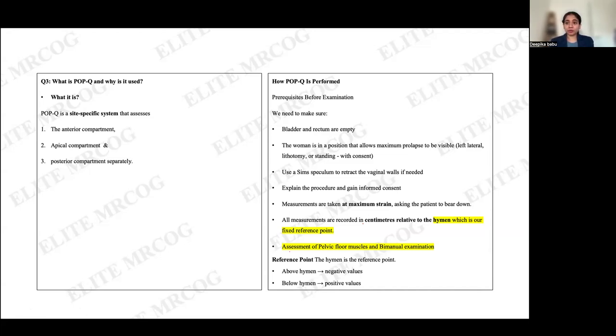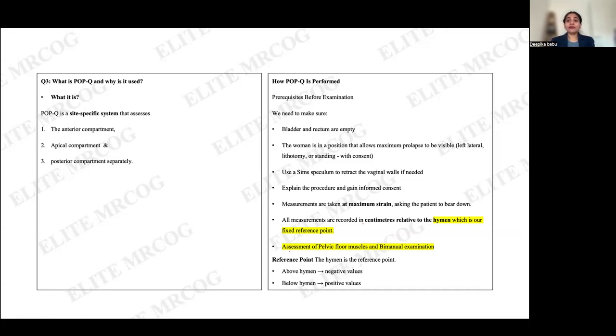So all of the measurements will be taken with maximum strain, except the total vaginal length. We have to reduce it either manually or with the pessary. Then only we take it. So that is one buzzword you have to remember. The question is how are we going to measure, so the key will definitely include this: all measurements we take at maximum strain except total vaginal length, for which we have to reduce the prolapse.